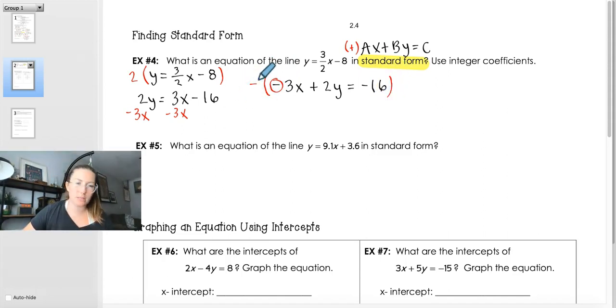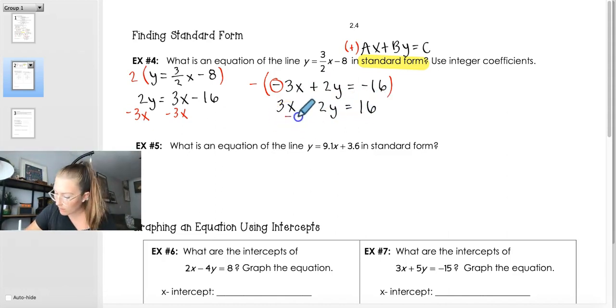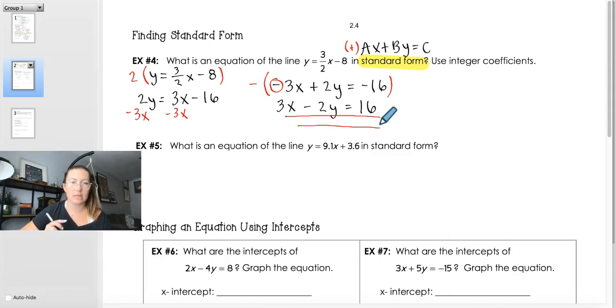When we do this, we're ultimately just switching the signs. So negative times a negative gives me a positive 3x, a negative 2y, and a positive 16. This is now in standard form. Correct. So again, standard form: no fractions, no decimals, must be integers. Second, your a value, your leading coefficient, needs to be positive.